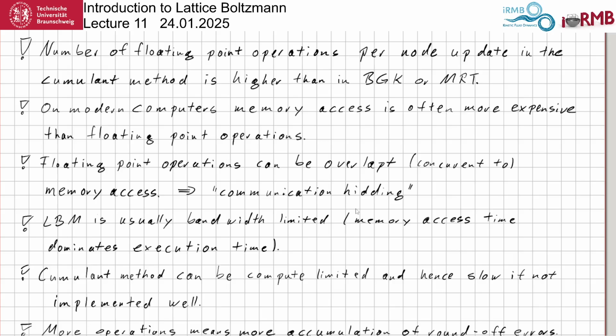One aspect of the cumulant method is that, because cumulants are not easily computed, they have a lot more floating point operations per node update than would be the case in BGK and MRT, which has some ramifications on the performance.